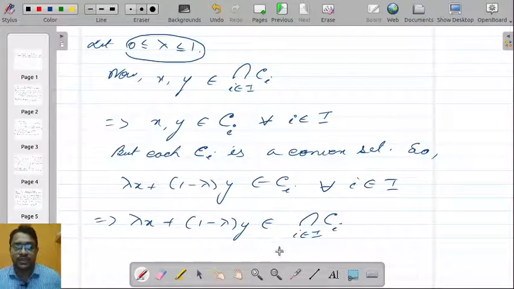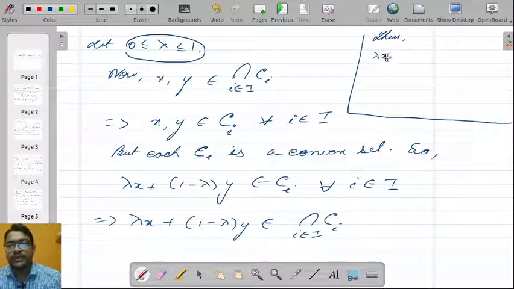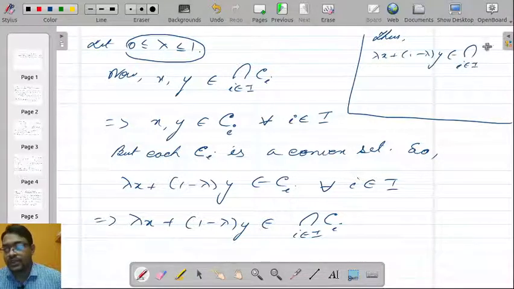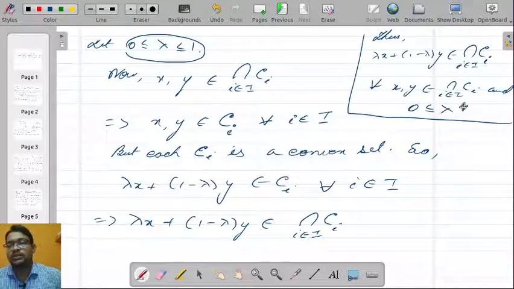So we have shown that this is a convex set. Thus lambda x plus 1 minus lambda y belongs to the intersection of Ci for all x, y inside this intersection and 0 less than or equal to lambda less than or equal to 1.